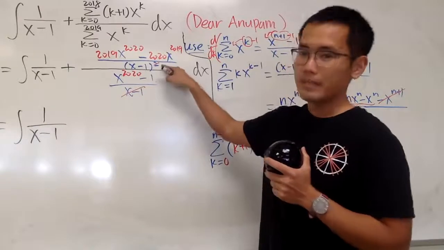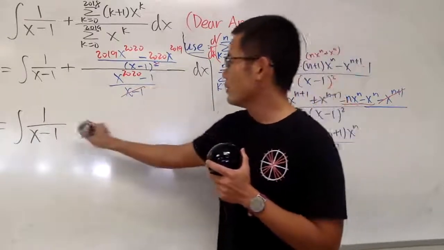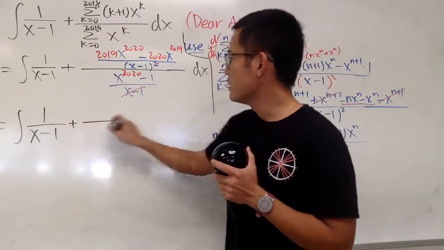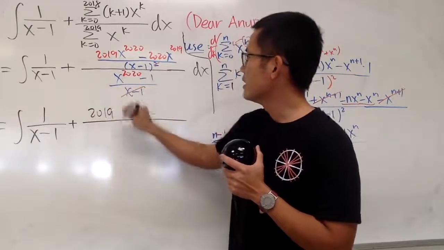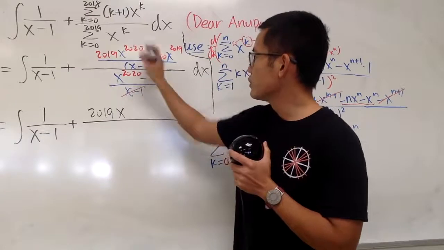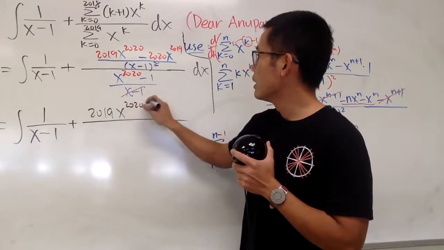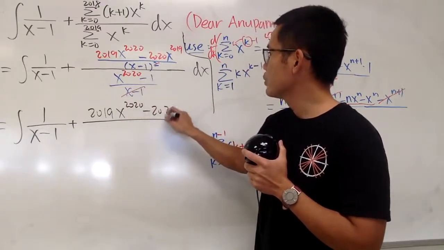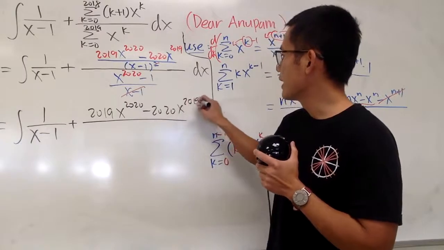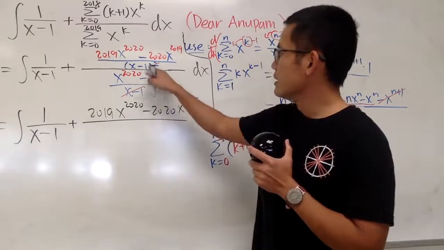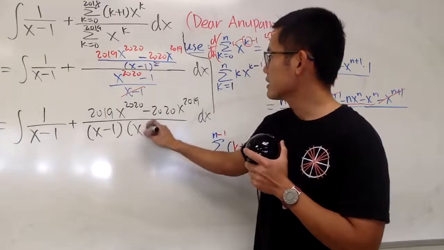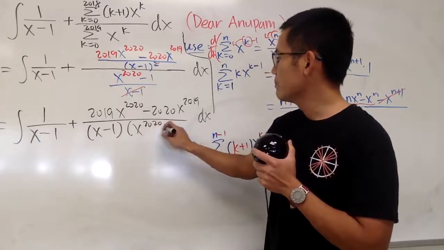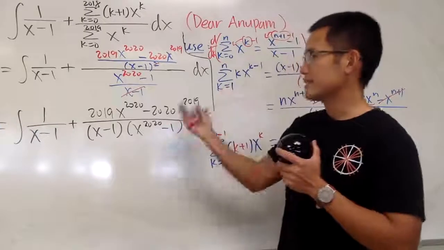And this goes down to the denominator here, right? So the second fraction is going to be 2019 x to the 2020 minus 2020 x to the 2019, and then this and that. So I'll put down x minus 1, and this is x to the 2020 minus 1, like this.